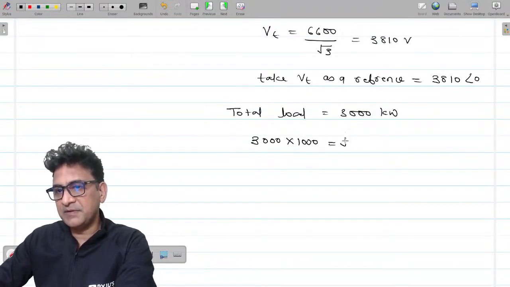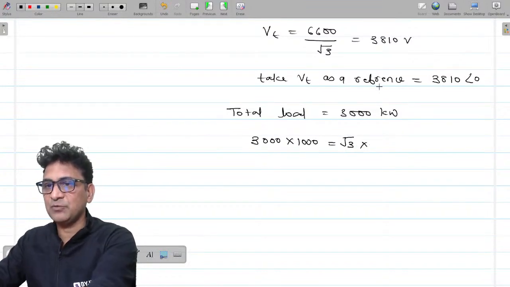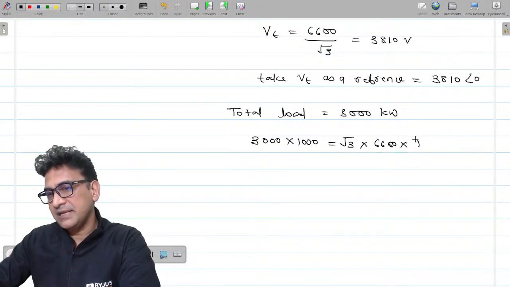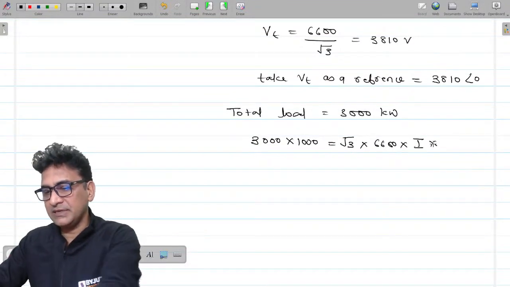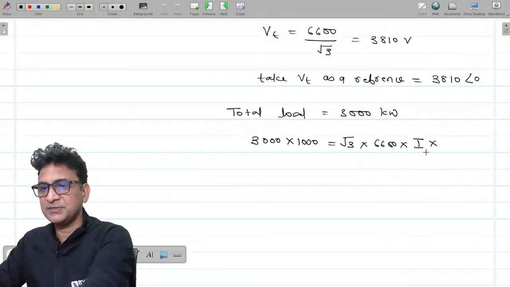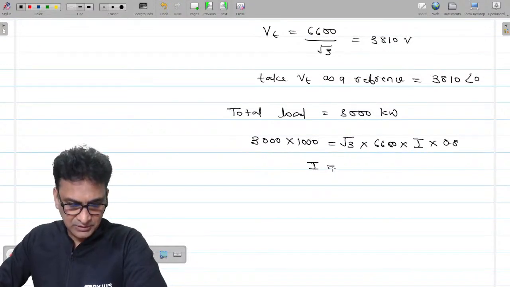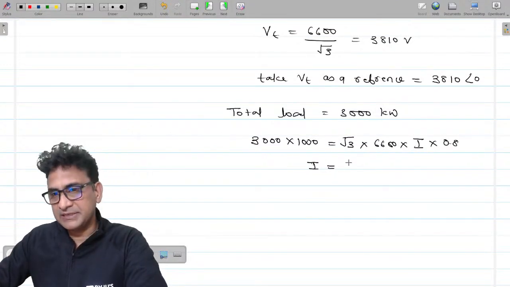For the three phase power I am using this formula: root 3 VL IL cos theta. VL means line voltage, which is 6600 volt. IL into cos theta, and the load power factor is 0.8. If you calculate, you will get the value of I, it is 328 ampere.